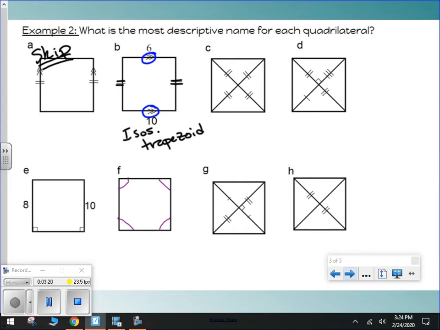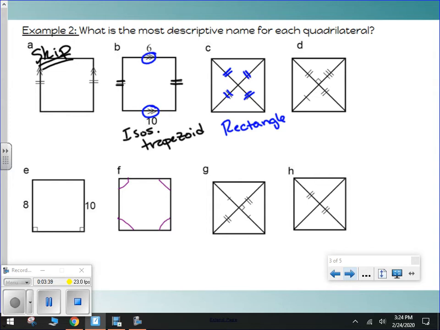In letter C, the most descriptive name I can give is a rectangle. I have all parts here congruent, meaning that the diagonals are equal and they bisect each other. So the most descriptive name I can give is a rectangle.